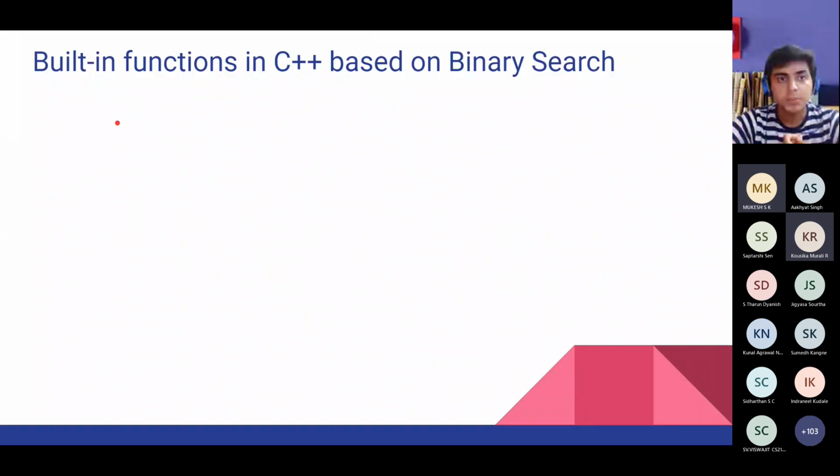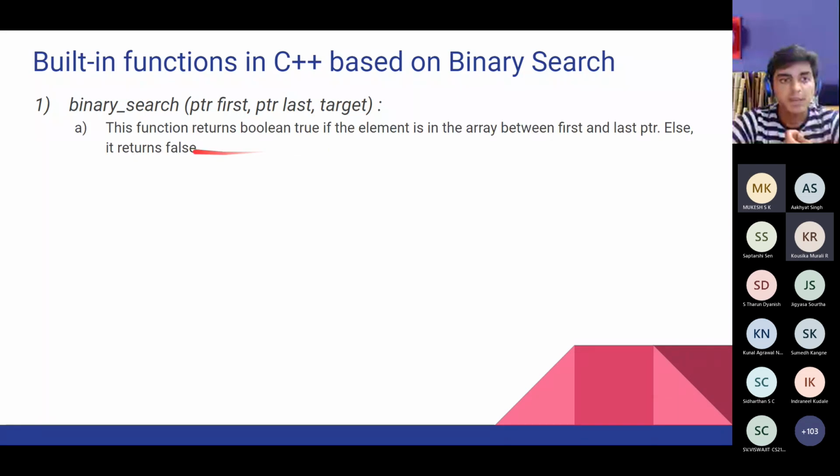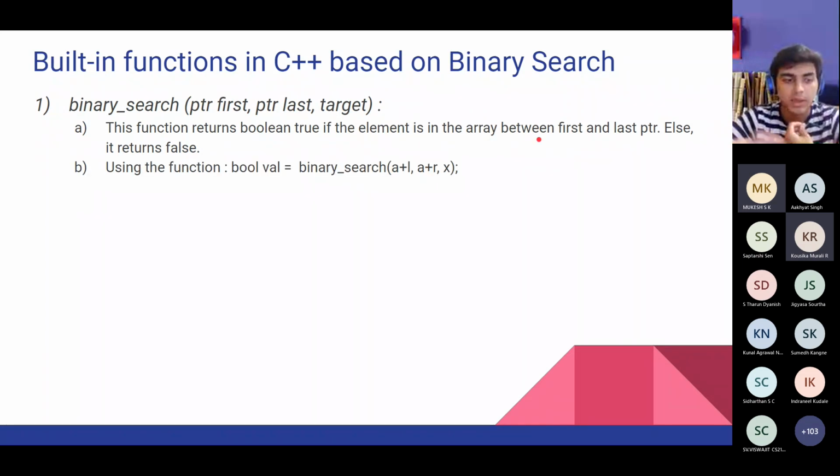So let's discuss some built-in functions in C++ which are based on binary search. There's a binary search function built into C++, but it is a Boolean function and returns true if the element is in the array between the first and last, or the L and R pointer, else it returns false.